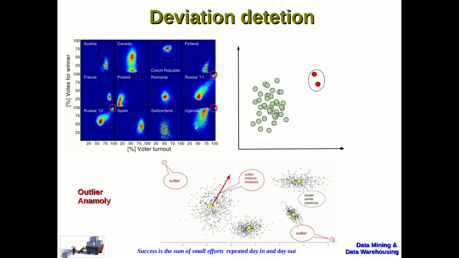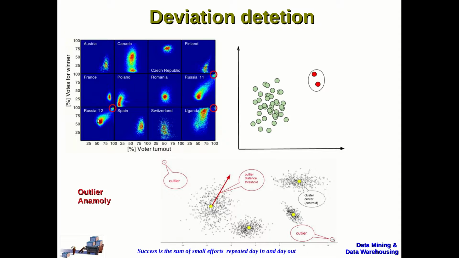Or say for example, this is one graph that shows the deviation. We can observe here the x-axis shows the percentage of voter turnout, and here it shows the percentage of votes for the winner.